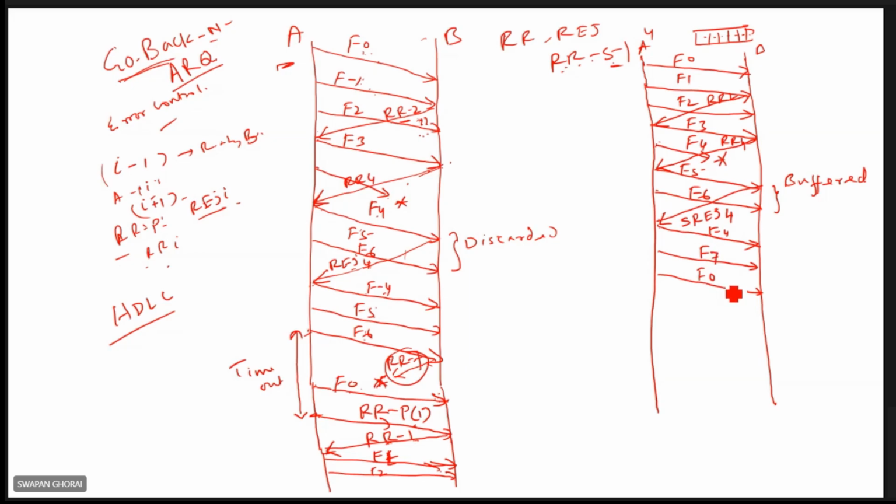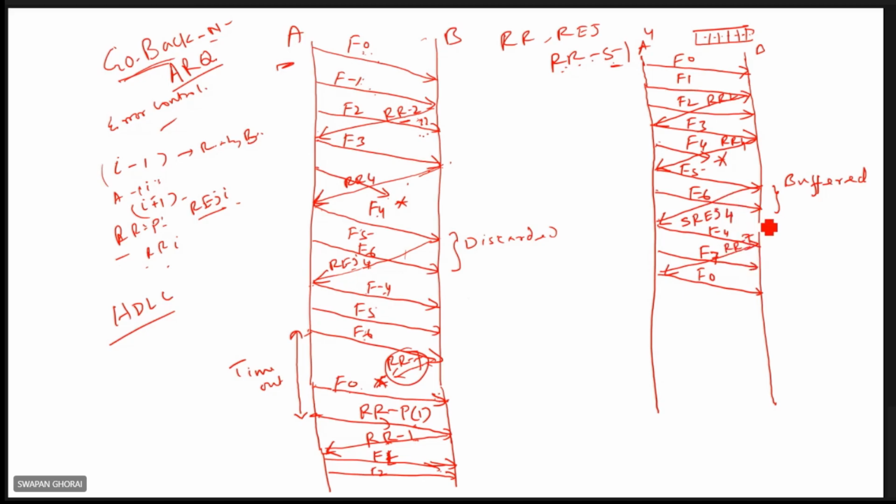Since F6 is here, after getting F4 it might send the acknowledgement RR7. That means 6, 5, 6.